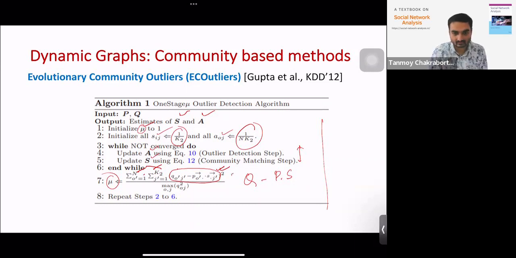This is the numerator. What is the denominator? The denominator is the maximum value of the entries of Q. Q is the belongingness matrix. So you look at the maximum value of Q, and with respect to that maximum value, you see the fraction of change. Of course this is squared, therefore this is the squared change, and that is your new mu.